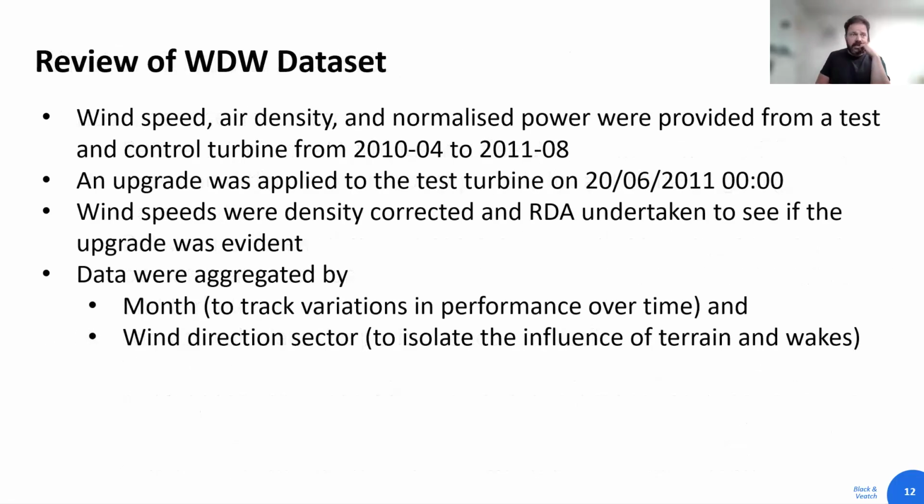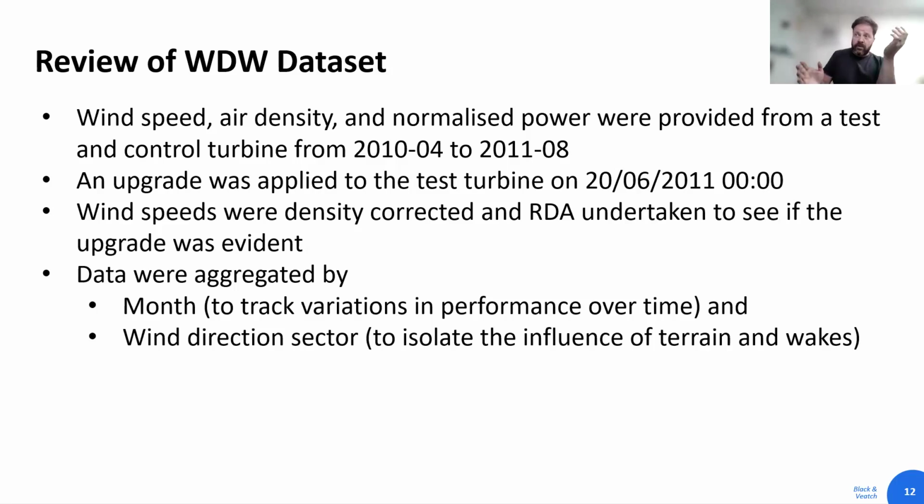So looking at the data set that was provided, there was wind speed, air density, and normalized power provided for a test turbine and a control turbine from April 2010 to August 2011. And we know there was an upgrade, or some change made, around the 20th of June 2011.